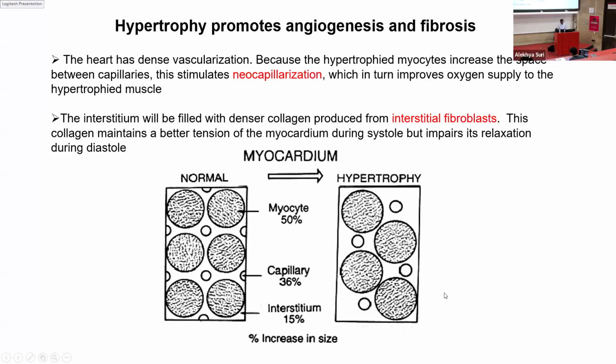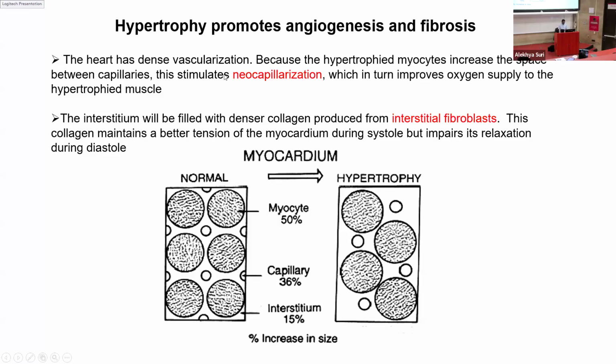If there is a hypertrophy, the hypertrophied myocytes will push the capillaries far away. To compensate for that, you will see a new capillary formation, which is called neocapillarization or angiogenesis, to improve the oxygen supply to the hypertrophied myocardium.